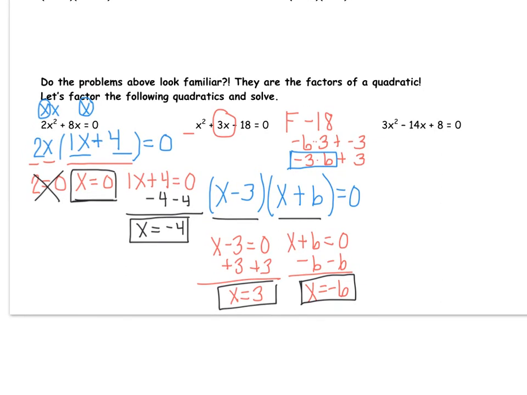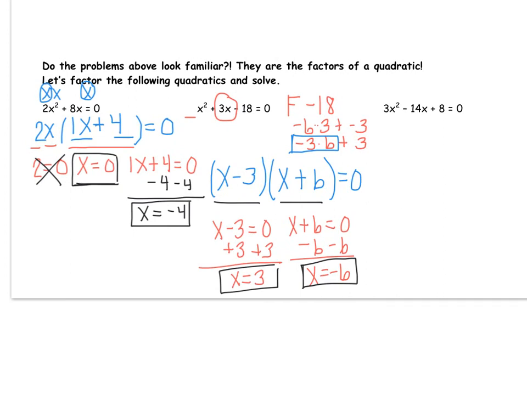So A is 3, B is negative 14, C is 8, and AC is what? 3 times 8 is 24. So I want to list the factors of 24 that would add up to negative 14. Well, I actually see it right away.